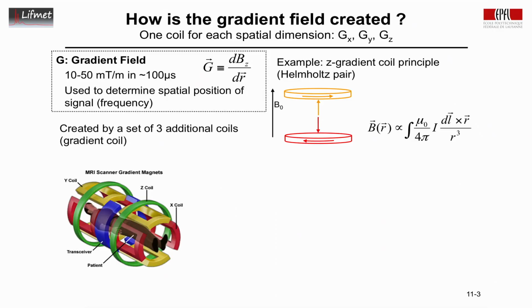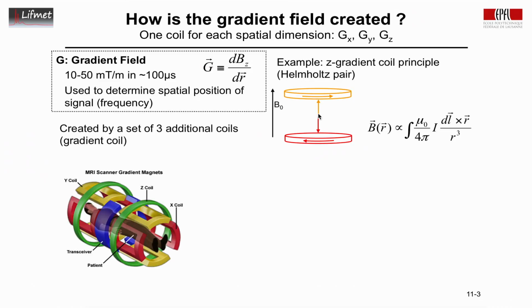Now if we move along the axis upwards, the field from the orange coil increases, the opposing field generated by the red coil decreases, so the magnetic field increases in this direction.